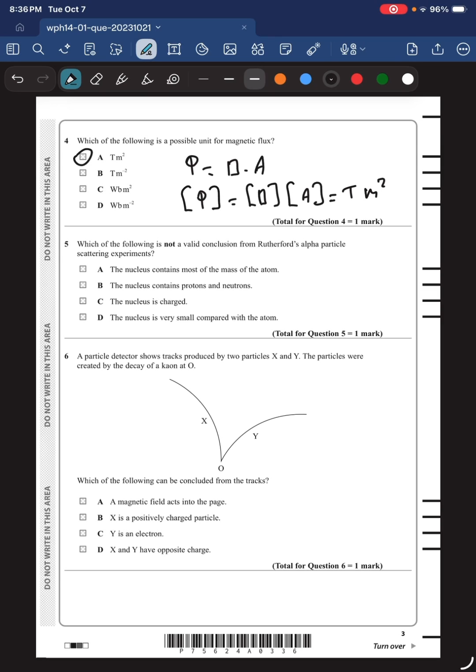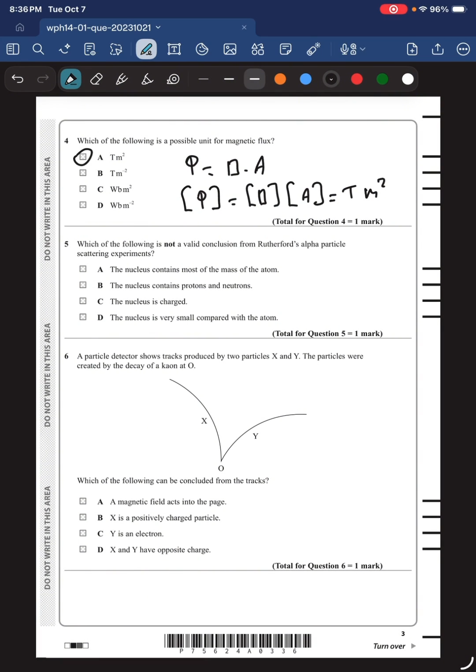Right, 5. Which of the following is not a valid conclusion from Rutherford's alpha particle scattering experiments? All right, the nucleus contains most of the mass of the atom, which is a valid conclusion. Okay. B, the nucleus contains protons and neutrons.